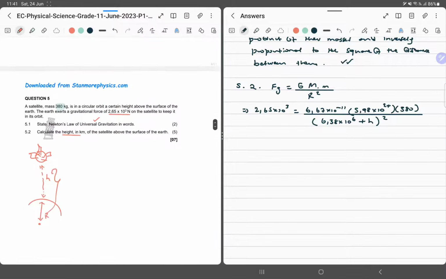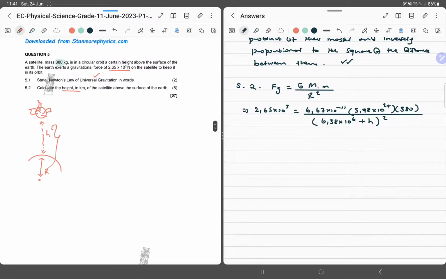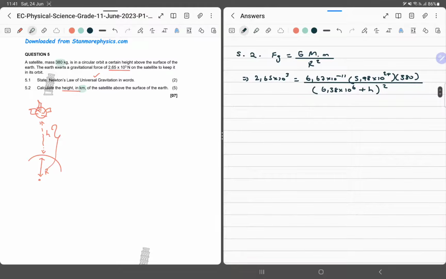All right, let's quickly finish the business here. So it says in kilometers. Wow, careful there. Read the questions properly, right? I almost made a meal.